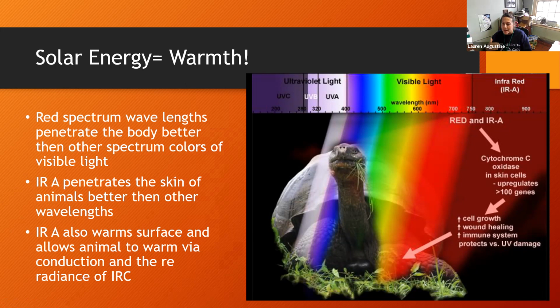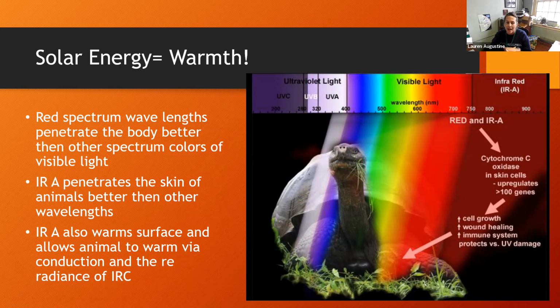IRA penetrates the skin the best. A lot of people historically have given IRC to reptiles. IRC is kind of that IRA that bounces off the surface or absorbs in, and then re-radiates back out as IRC. So it's not the IRC coming through the atmosphere, but it's the surface, the absorption of the temperature off of the surface.